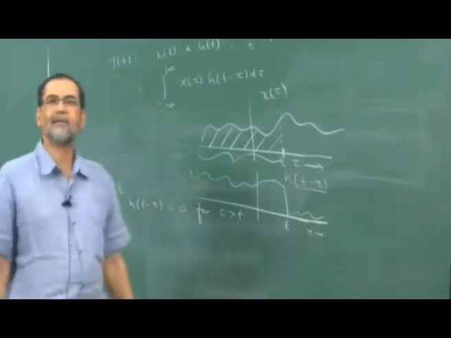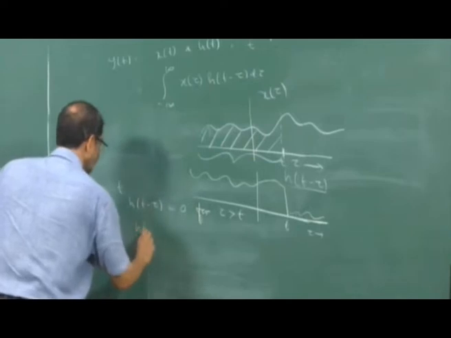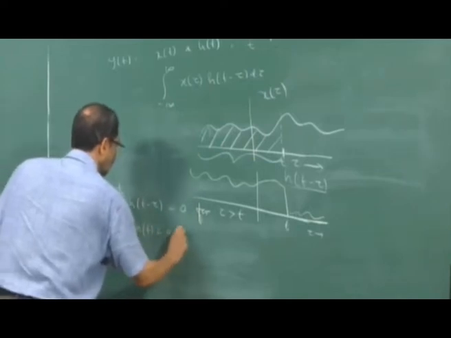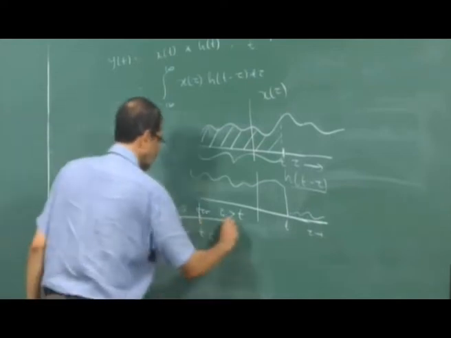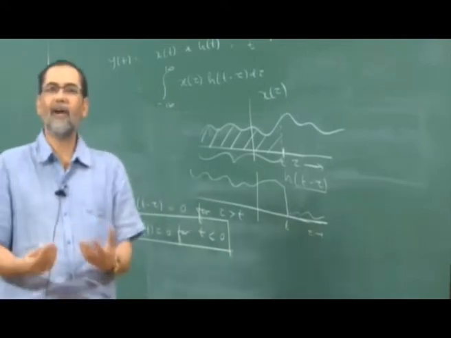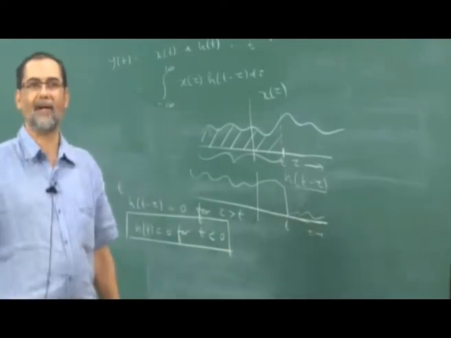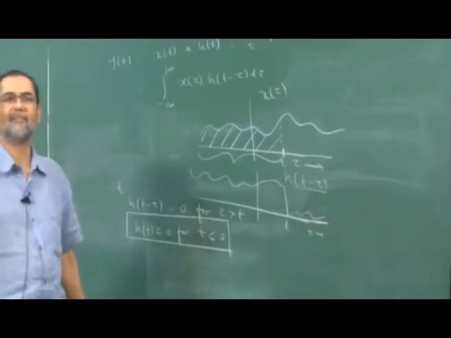This is the same as saying h of t should be 0 for t less than 0. This condition will ensure that. If the impulse response is defined only for non-negative time, that's a causal system.